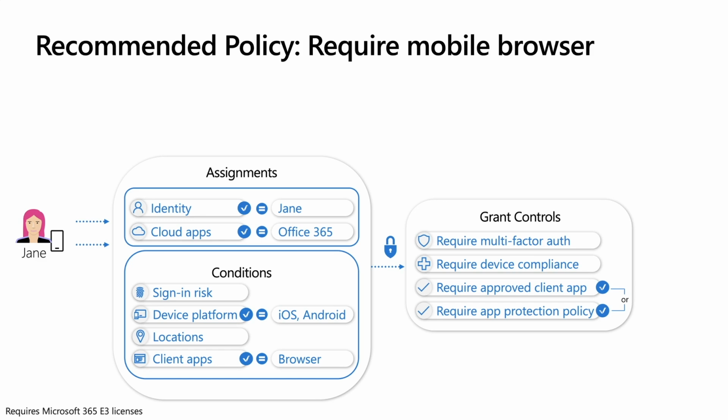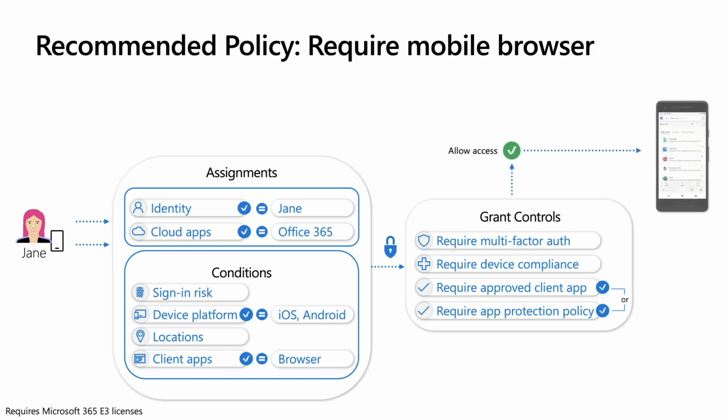The end result here is if Jane uses Edge and Edge successfully receives an app protection policy, then Jane will be able to access core resources like Outlook on the web or Office.com or OneDrive for Business through the Edge mobile browser.